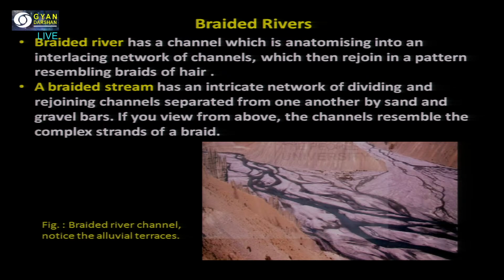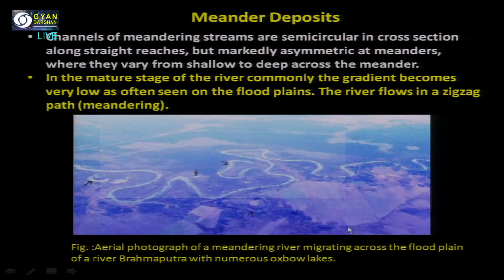If we view from above, the channels resemble the complex strands of a braid. This is an example of alluvial terraces. This is a part of the river Brahmaputra. So this is about the braided rivers.